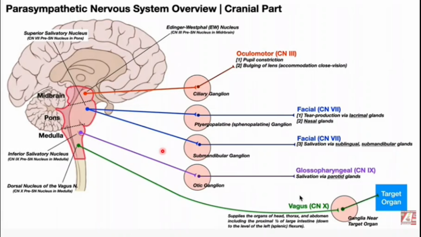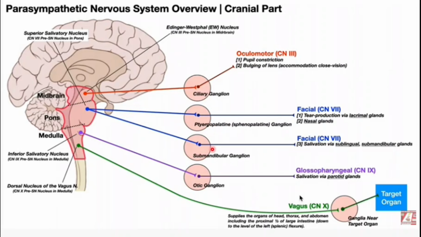But we have the exception of four parasympathetic ganglia, which are not small or not lying very near to the body organ. These four parasympathetic ganglia are the ciliary ganglion, the pterygopalatine ganglion, the submandibular ganglion, and the otic ganglion.